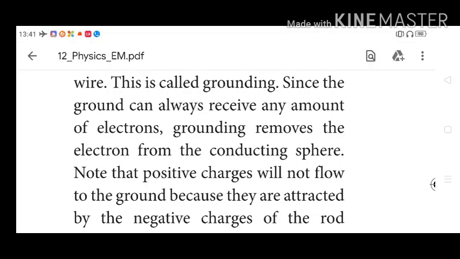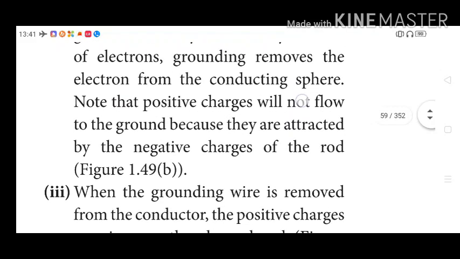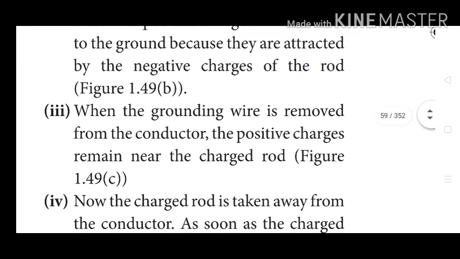Only electrons are repelled to the ground. You should understand. The next point is, when the grounding wire is removed from the conductor, the positive charge remains near the charged rod.